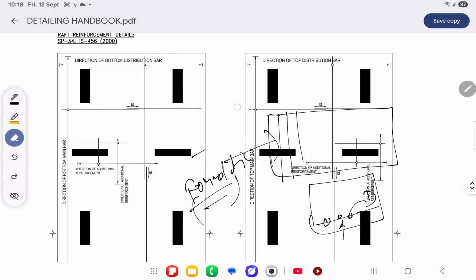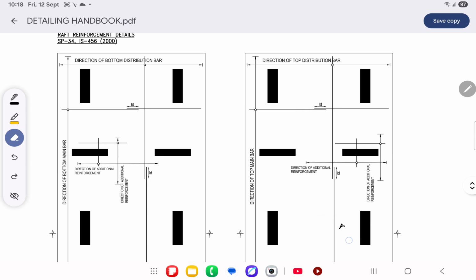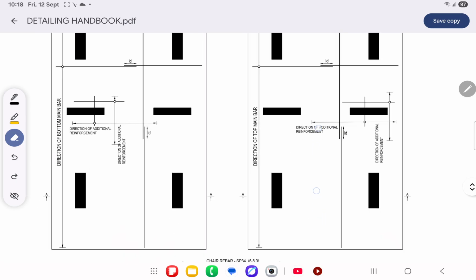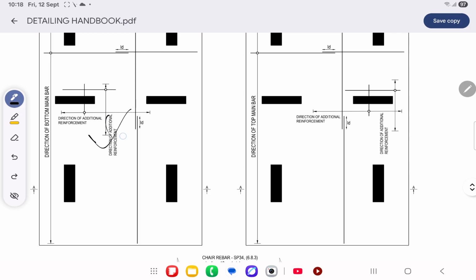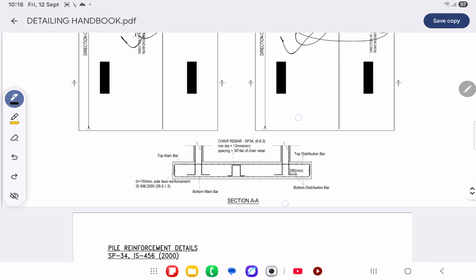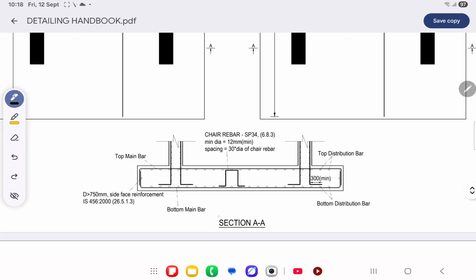So let us see what this raft foundation is. Here you can see the bar directions and the reinforcement. This is the plan, and here you can see the section.